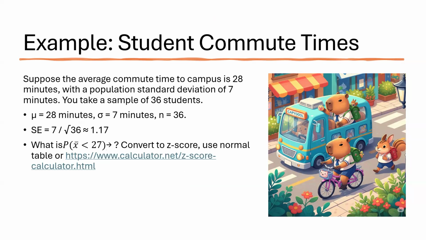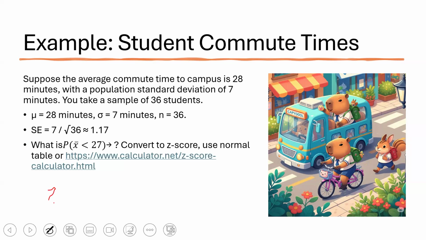Let's apply everything with a real example. Suppose the average commute time to campus is 28 minutes, with a population standard deviation of 7 minutes. You take a sample of 36 students. The standard error is 7 divided by the square root of 36. You want to find the probability that this sample mean is less than 27 minutes. So, convert it to a z-score.